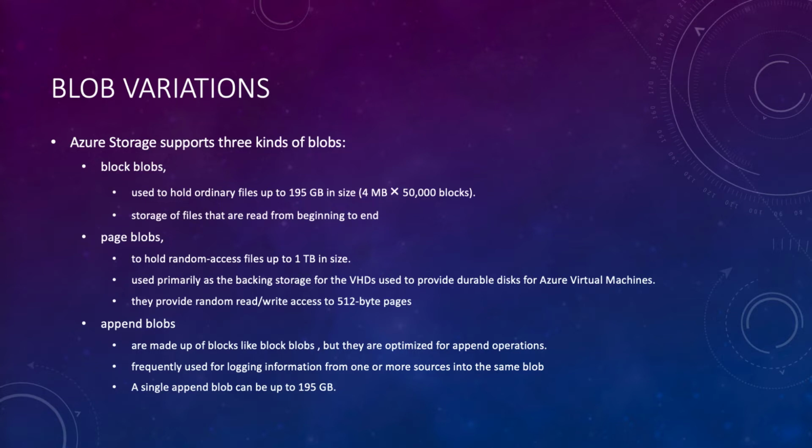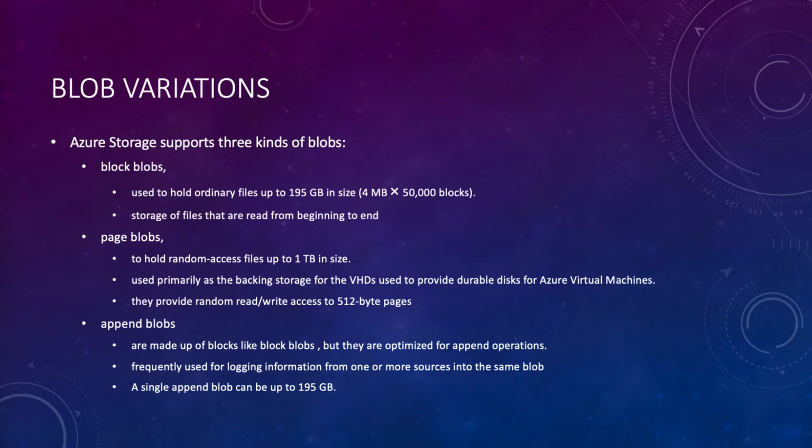They're named block blobs because files larger than 64 megabytes must be uploaded as smaller blocks, which are then consolidated or committed into a final blob. So this is very important to remember. The maximum size of the block for the block blob is 64 megabytes. Therefore, larger files are going to be chunked down and then consolidated later into a final blob.